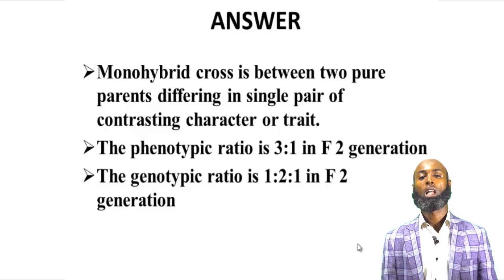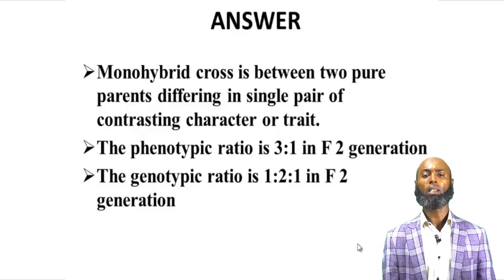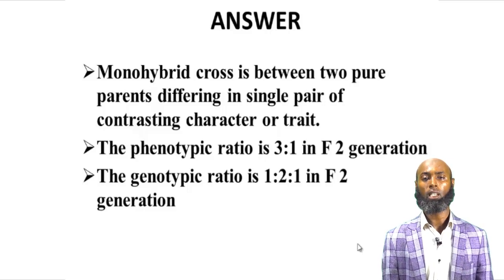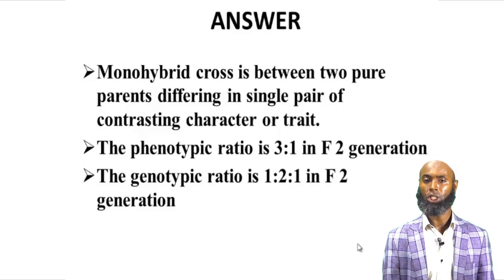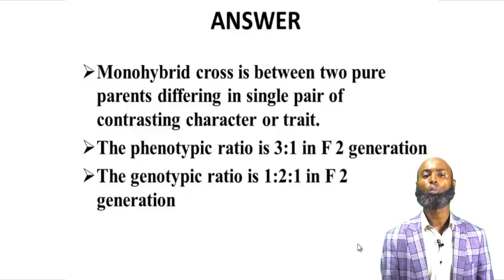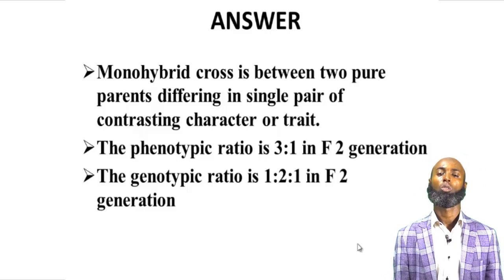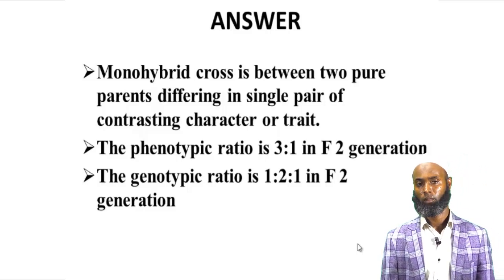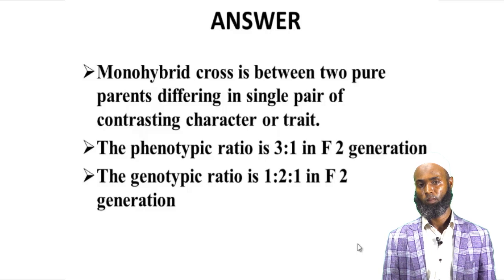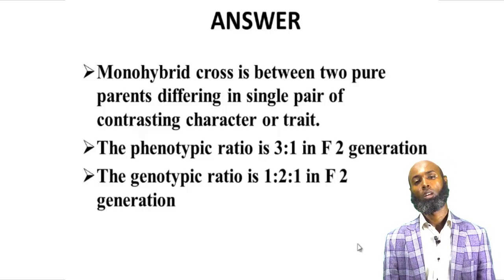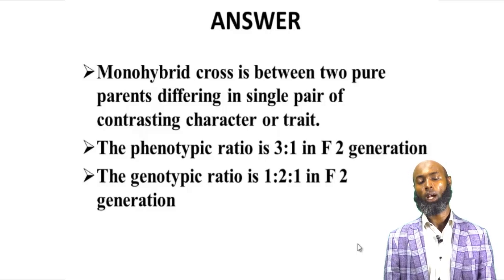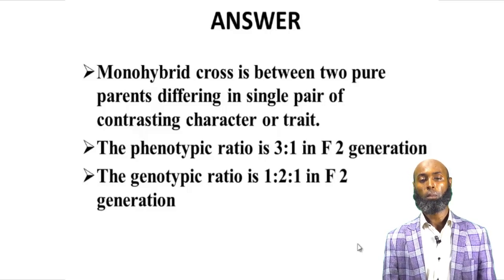In fact, like the example that you have taken, we have seen that in the F2 generation the phenotypic ratio was 3:1. We have taken an example of a purple color and white color pea plant.